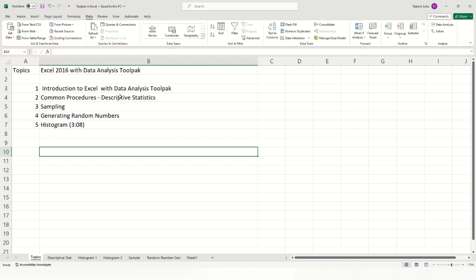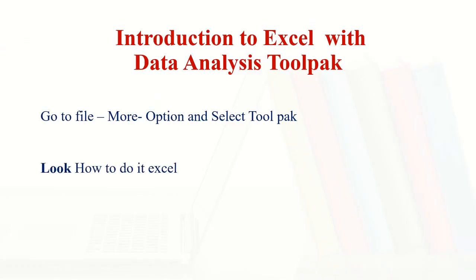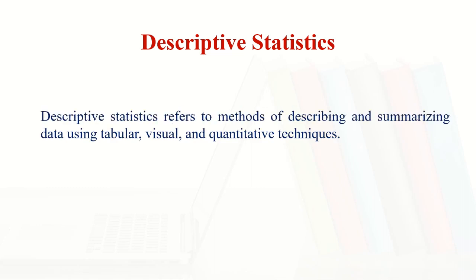Once we have installed it, there are some statistics and tools that we will use, starting with descriptive statistics. So what are descriptive statistics that we will learn? Descriptive itself is self-explanatory, it is going to describe something.